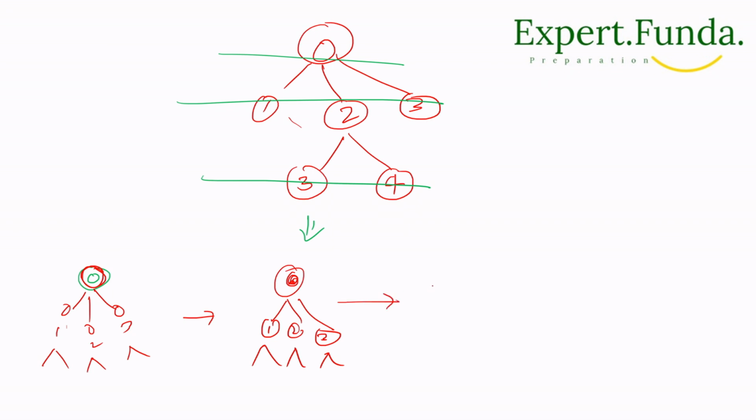These three we have already traversed. Now we will traverse whatever data we have in this one, like 3 and 4. Like this we will traverse one by one. If you are already familiar with BFS, it's fine. Otherwise you can Google it and find the basic understanding.